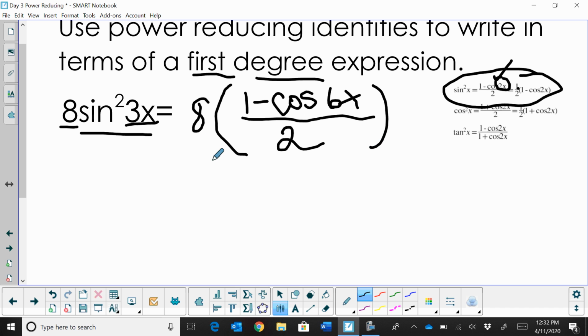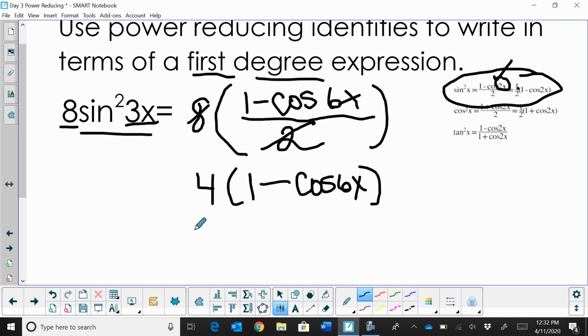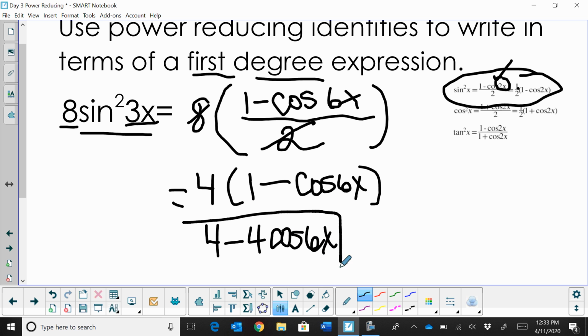Now this does simplify because 8 can reduce with 2. So I'm going to have 4 times 1 minus cosine of 6x. And then to simplify that even further, go ahead and distribute this 4 in. So you're going to get 4 minus 4 cosine 6x. And there's our final answer, simplified and distributed.